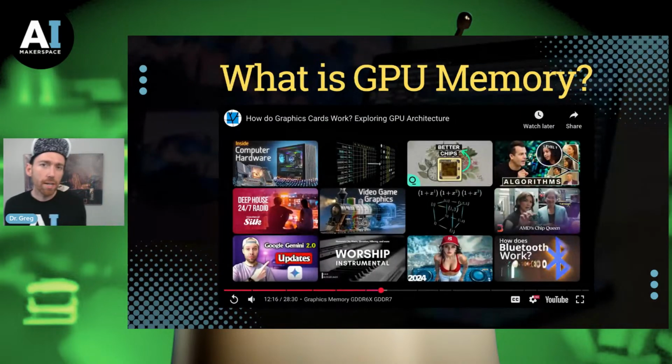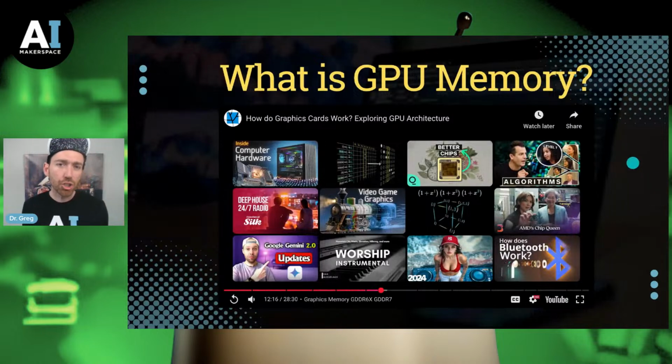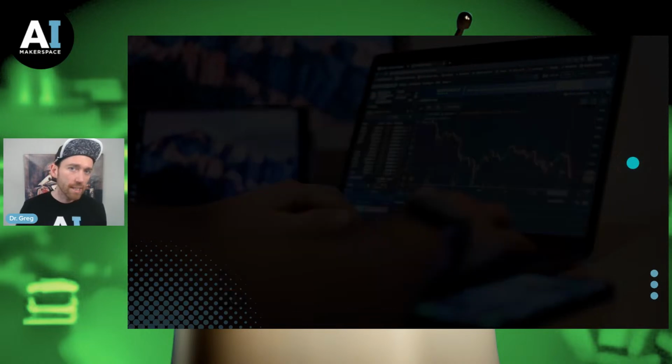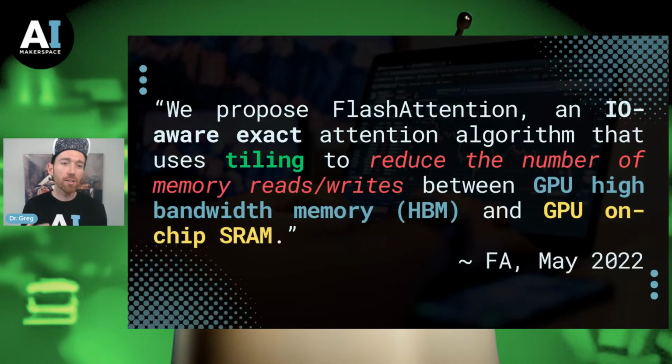So we're talking about that DDR-style GPU memory. And it's really important to distinguish between on-chip memory, or on-chip SRAM, versus high bandwidth memory, or HBM.